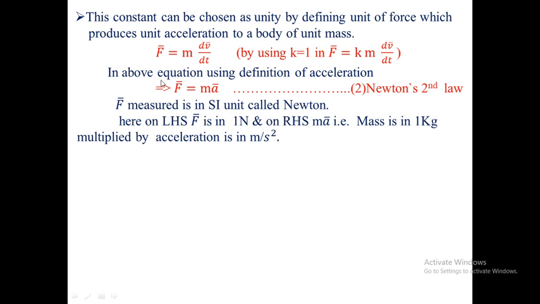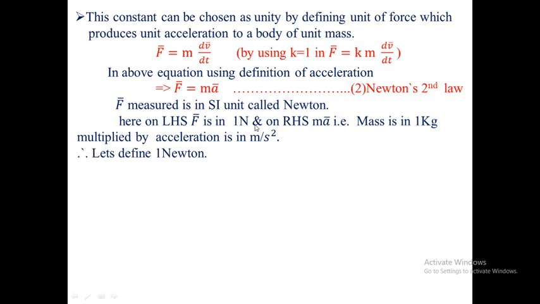So if you are applying 1 Newton force, then the mass of the object will be 1 kilogram and the acceleration produced in that body will be how much? 1 meter per second square. This means if you have to accelerate a body having mass 1 kilogram with acceleration 1 meter per second square, then how much force will you need? You will need 1 Newton of force.